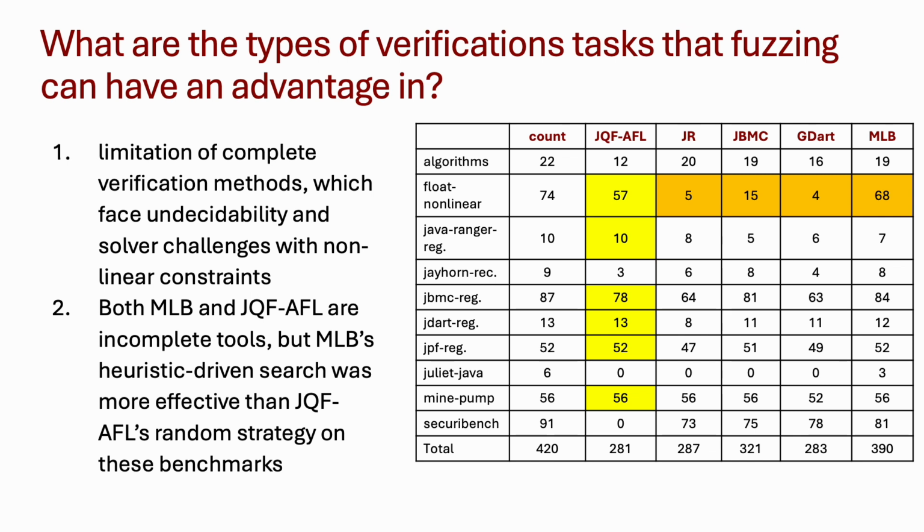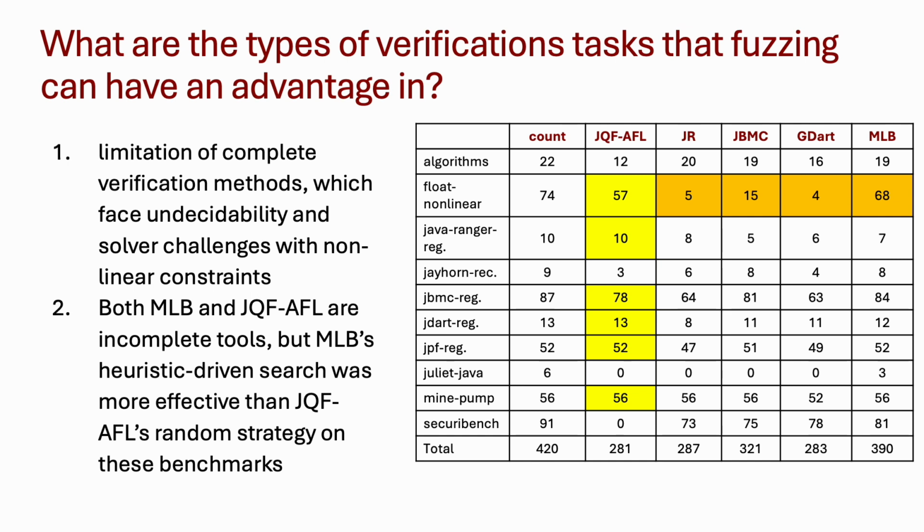When you look at where it had an advantage, it's clear on the float nonlinear package. You can see here it was able to get to 57 of them, as opposed to 5, 15, and 4 from JBMC, Java Ranger, JBMC, and GDart.